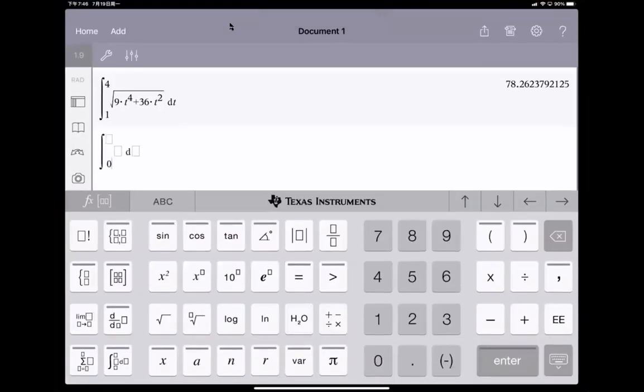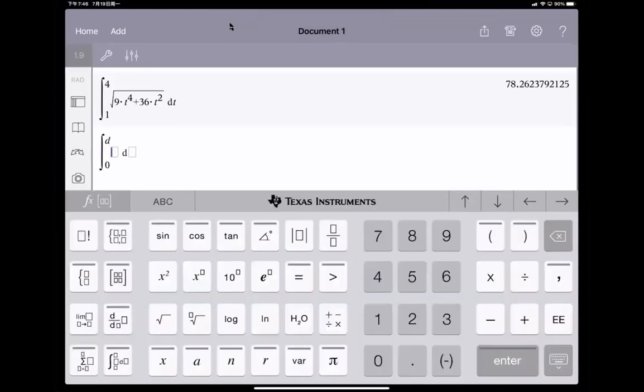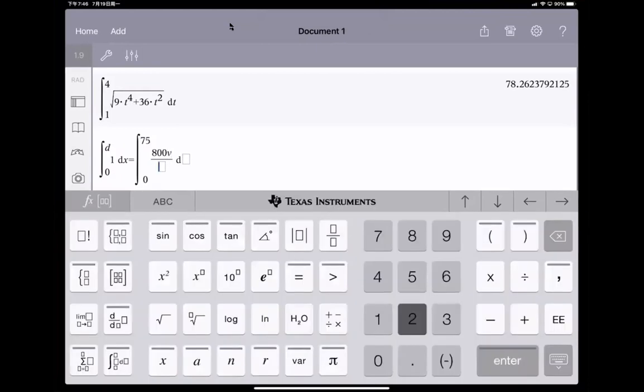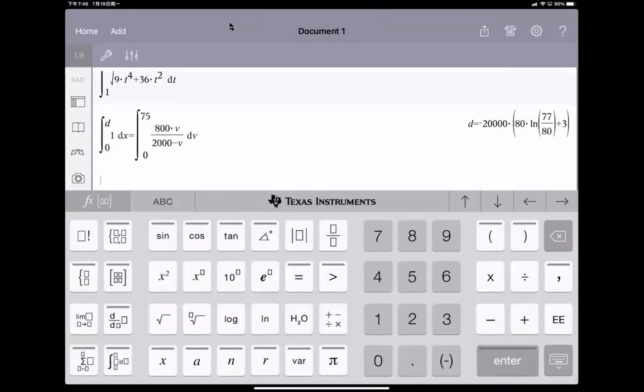Left-hand side, the integral from 0 to d of 1 dx equals the antiderivative from 0 to 75, the top is 800v, the bottom is 2,000 take away v, dv. And this is the exact answer, but I just need a decimal approximation.